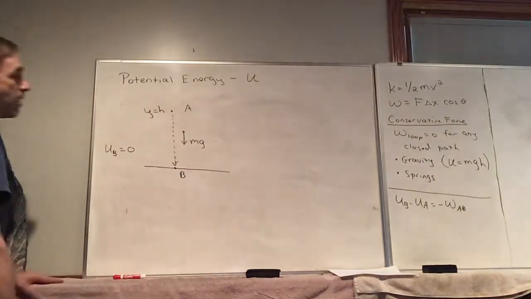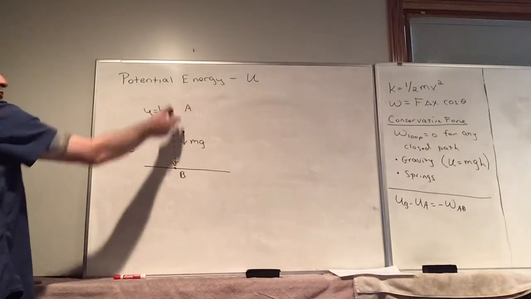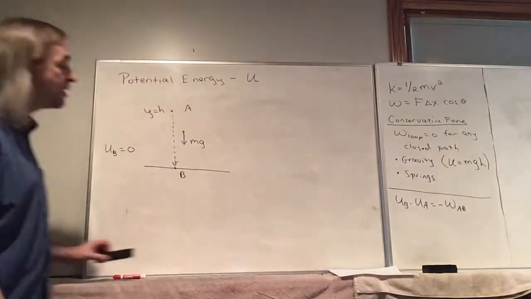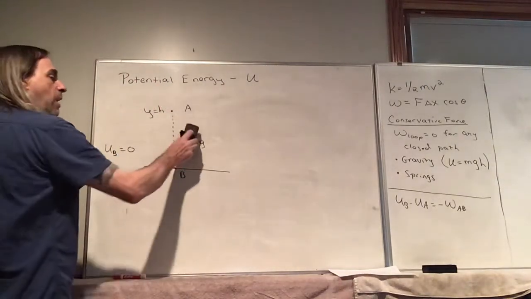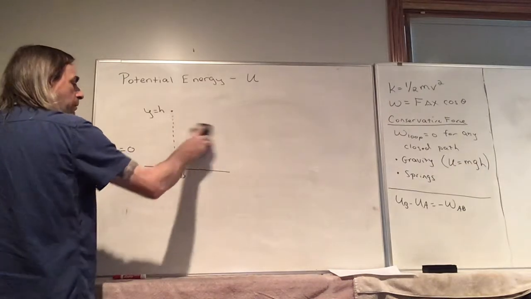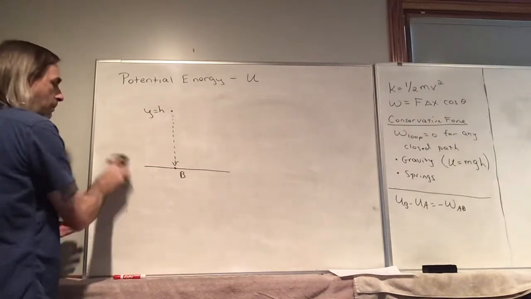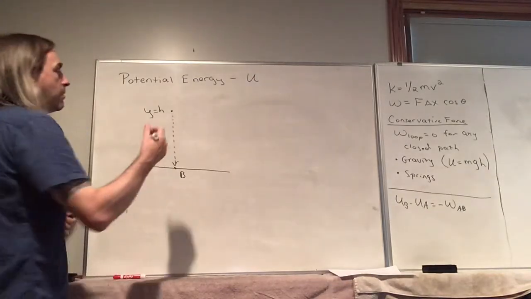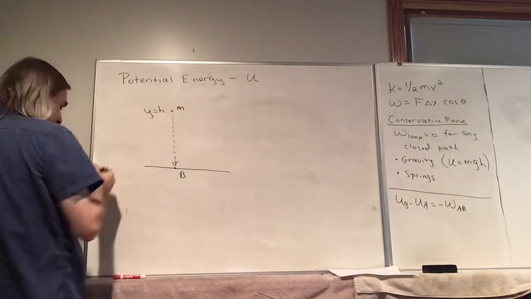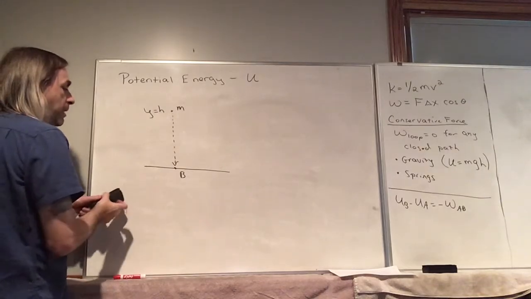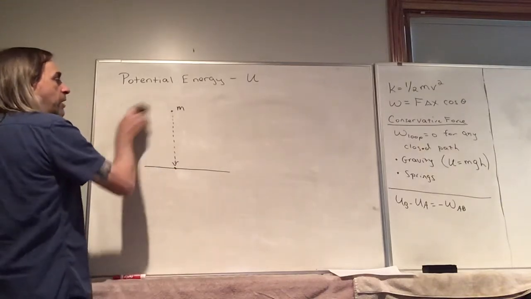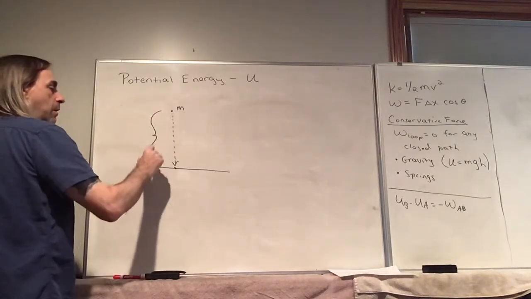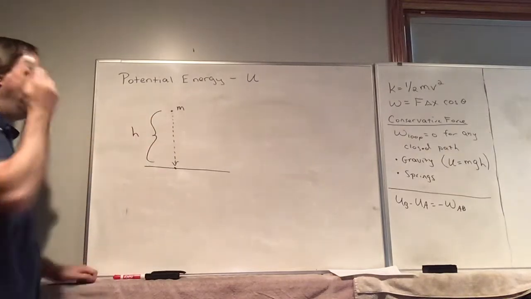So let's look at this problem. Let's say we have an object at a height h and we just drop it and let it fall. Let's say we want to know how fast it's going when it reaches the ground. So the only force acting on our mass is gravity. We're going to ignore air resistance because that's what we did before.